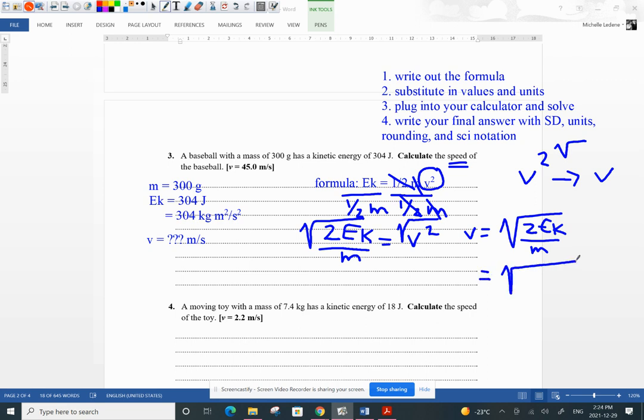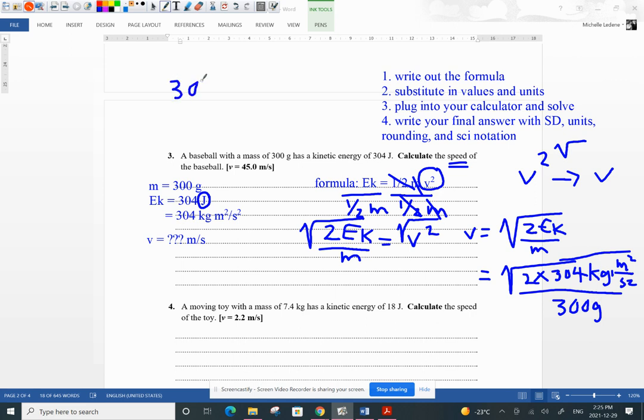So now I'm going to plug in my values. I'm not using joules because I want to be able to cancel out units. I'm going to go 2 times 304 kilograms meters squared per second squared. Now this is all under our root sign here. And then I'm dividing by the mass of, oh boy, 300 grams. Kilograms over grams, that doesn't work.